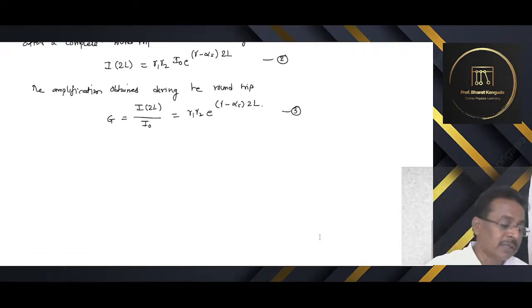Now here the product of small r1 into r2 represents losses at the mirrors.